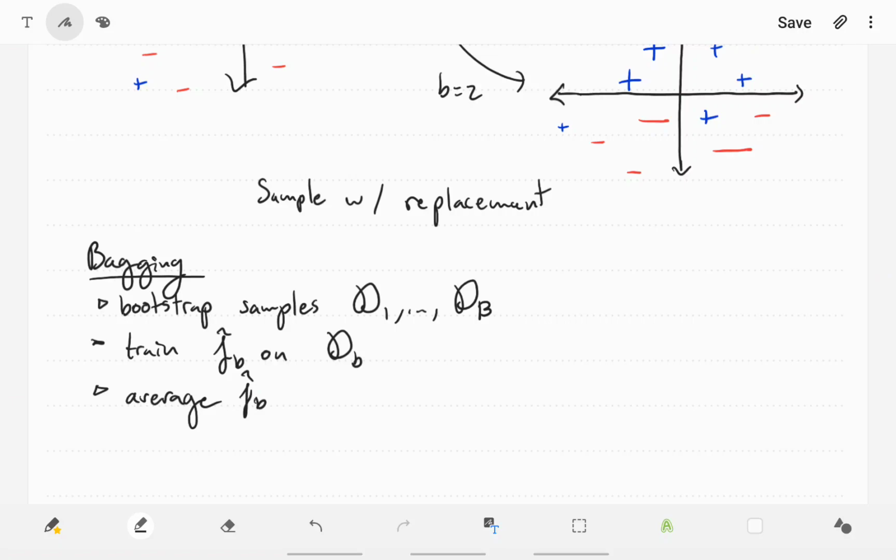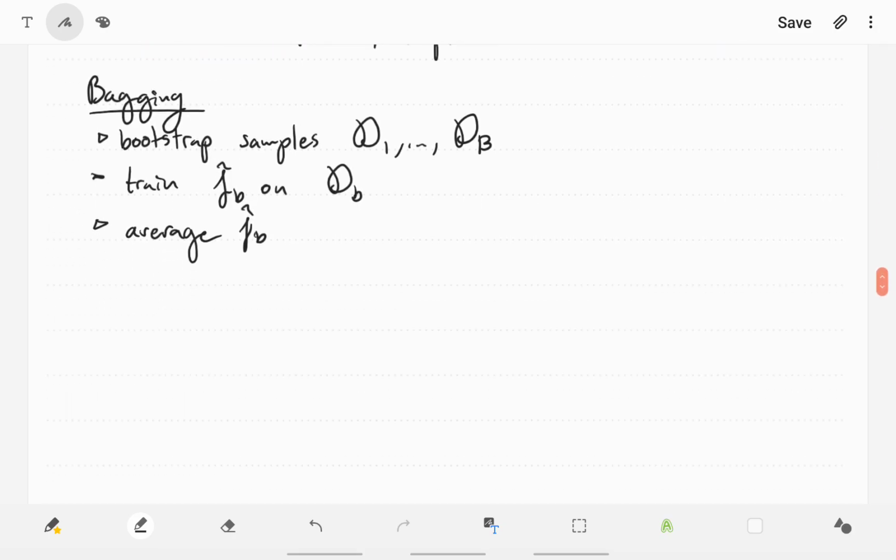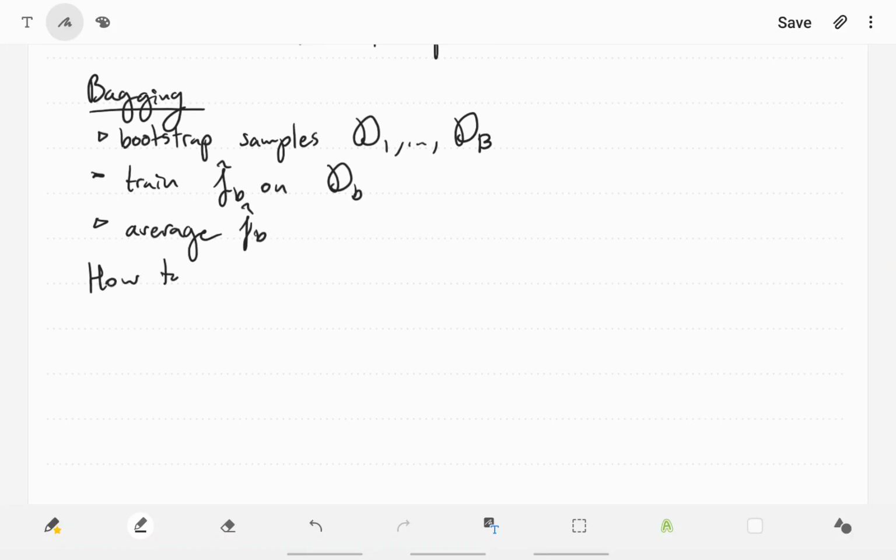Okay, so how can this relate to the bias-variance trade-off that we mentioned before? So first of all, how do we reduce our bias? Well, first of all, nothing about this bagging procedure is designed to reduce bias.